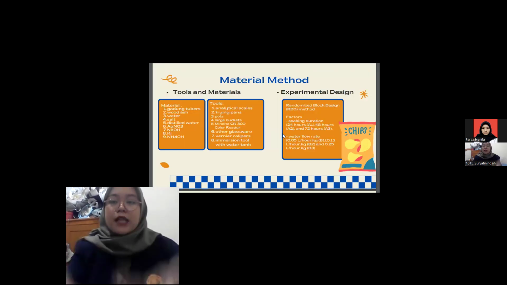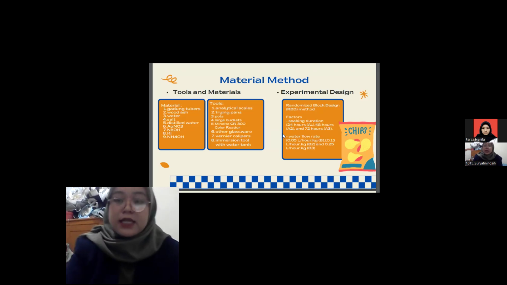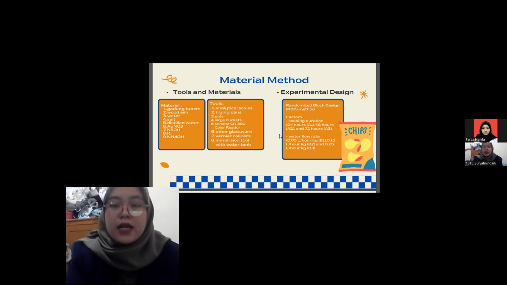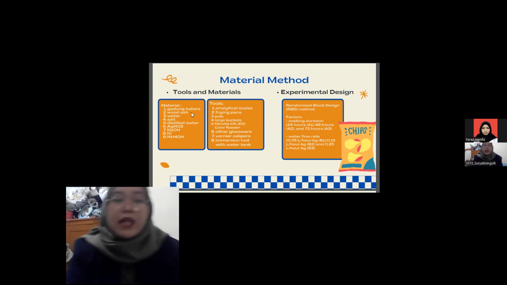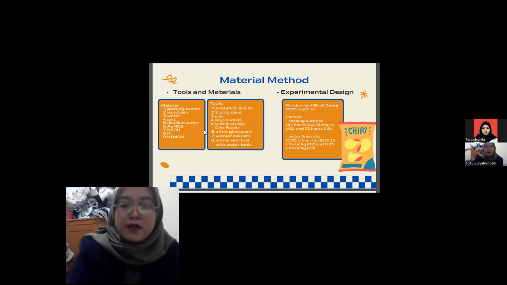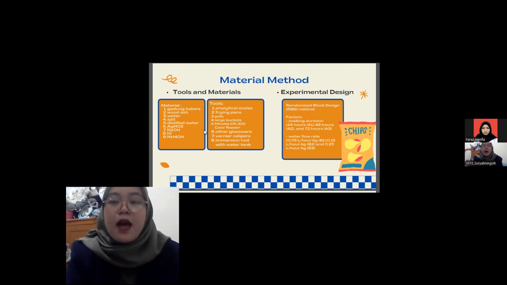Then I will talk about the materials and methods used in this journal. The materials used in this research are gadung tuber, wood ash, water, salt, distilled water, silver nitrate, sodium hydroxide, potassium iodine, and ammonium hydroxide.